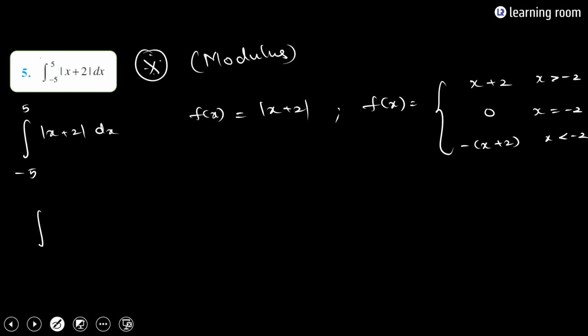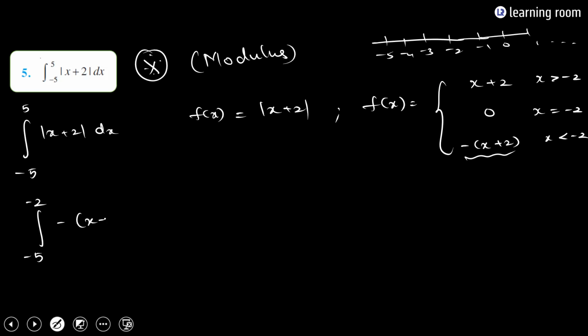So here, if you observe, what do I have on the number line? Minus 5, minus 4, minus 3, minus 2, minus 1, 0, 1, and it keeps on going like this. So from minus 5 to minus 2, what should I take the value as?